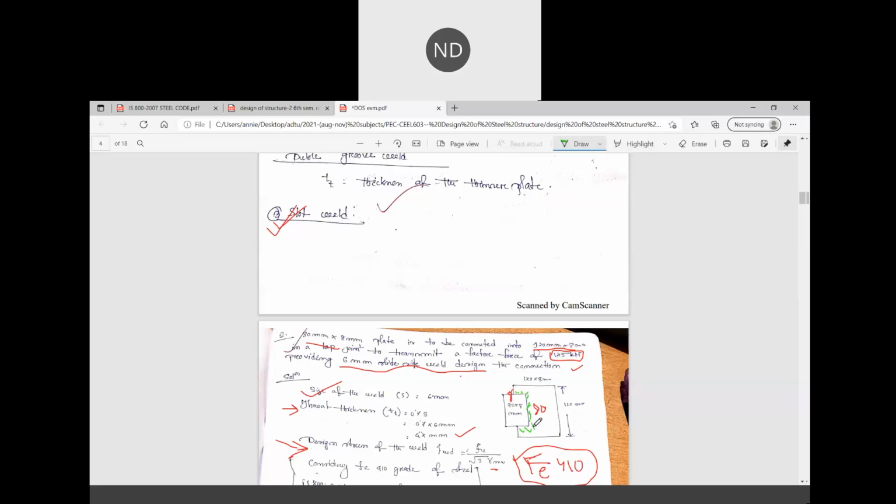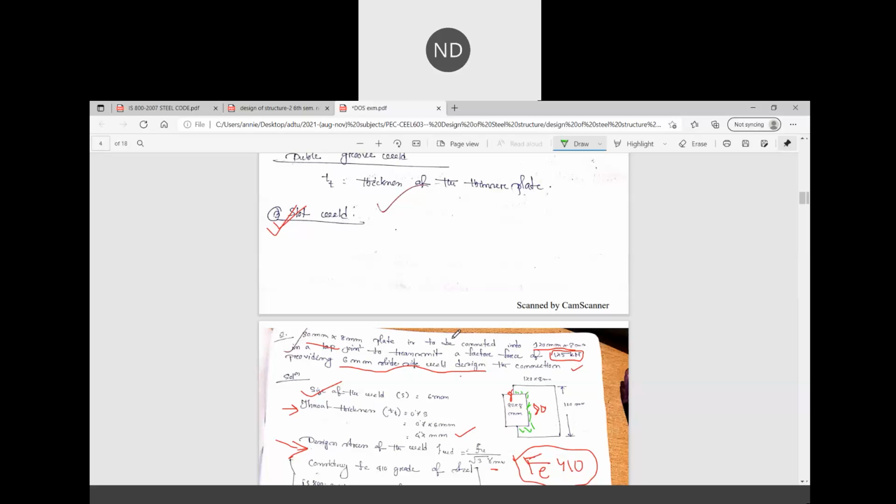This entire portion has to be welded so that these two plates join together, the way you use glue to join two parts. In the same way, welding is used to join these two metal parts. This is said to be your length of the weld.